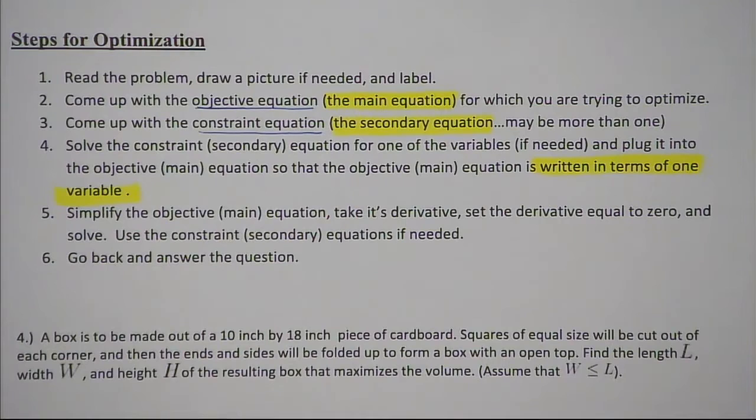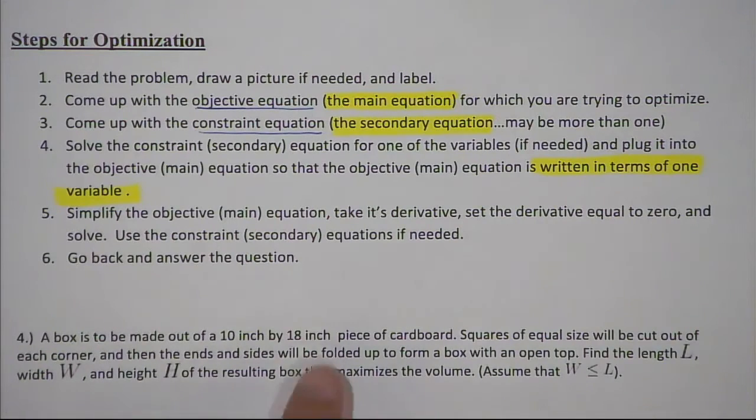So, first thing, always, read the problem. Most of these have a picture that comes with them, but if not, you would draw a picture. And then it says come up with the objective equation. Dr. Taylor calls them objective equations. That is the main equation that you're going to try to optimize. In my lingo, I say main equation, because to me that makes more sense. You have a main equation, and then you have the other equations, which I call secondary.